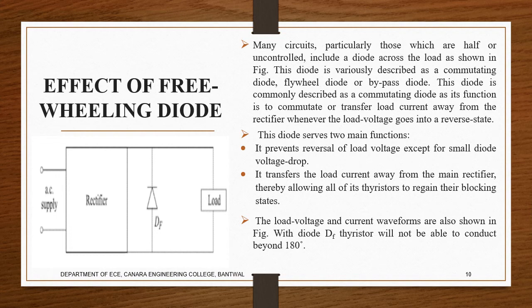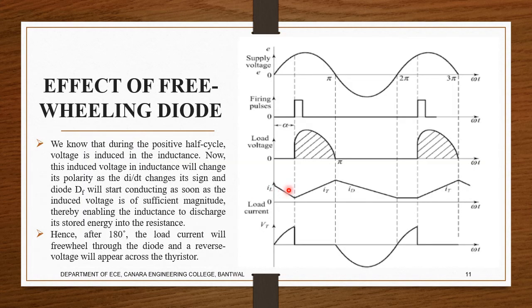So you can see here with this diode, and if the current is not reaching 0 here, the load current increases and decreases. We know that during the positive half cycle the voltage is induced in the inductor.